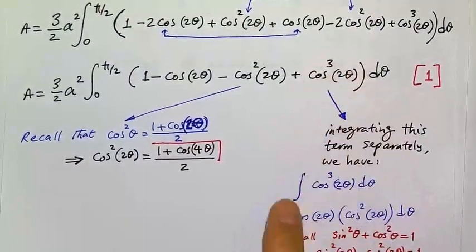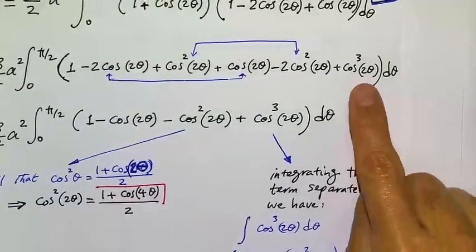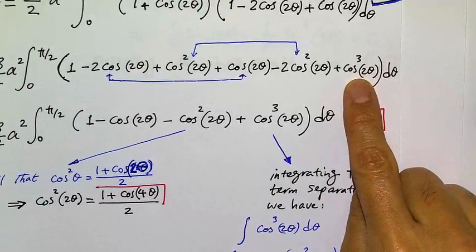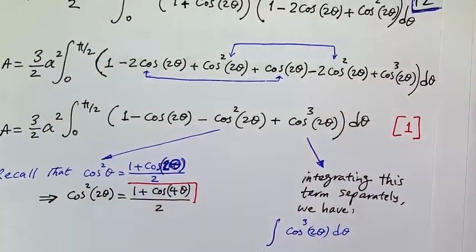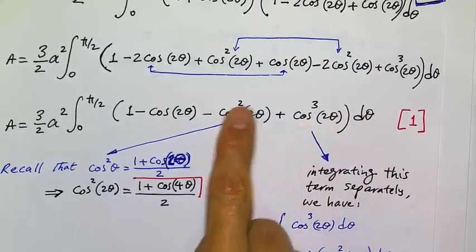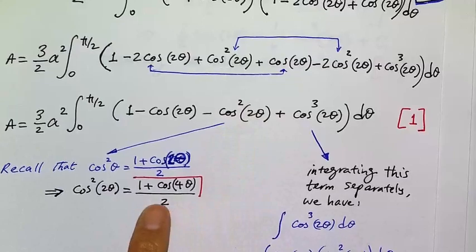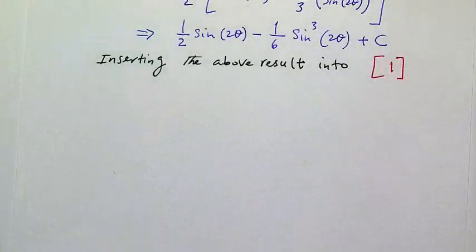So what we have here is this term integrated. All we have to do is put the limits of integration for it. We have that, and we've transitioned from here to here. So now we can put all this back together in a nice and simpler way.